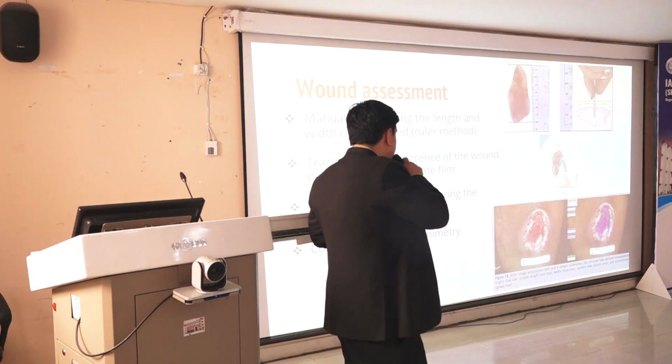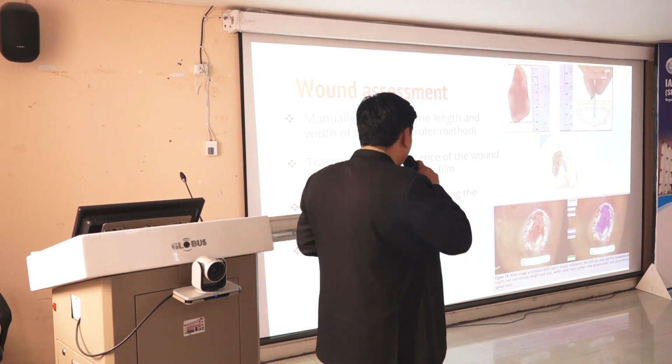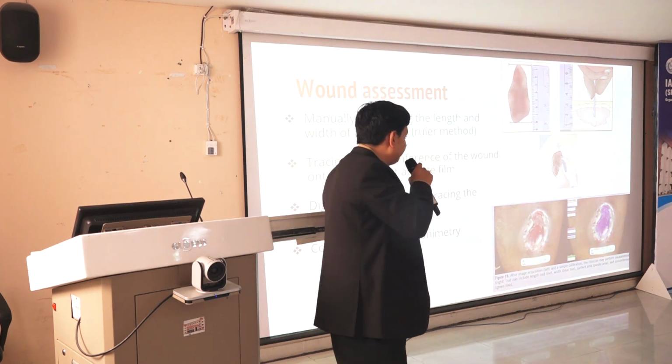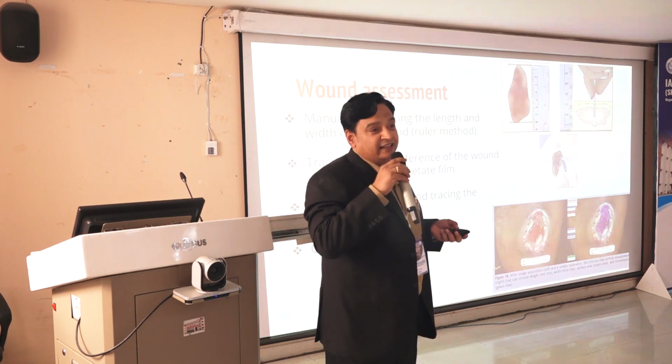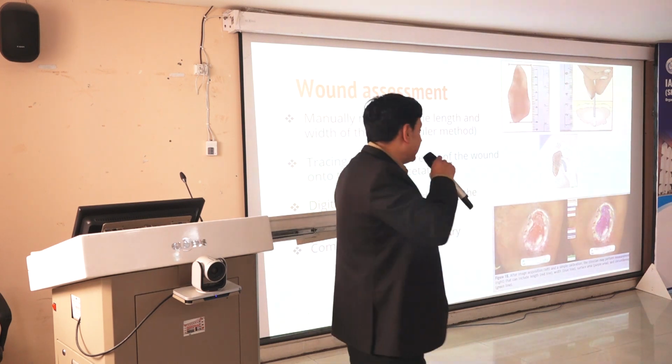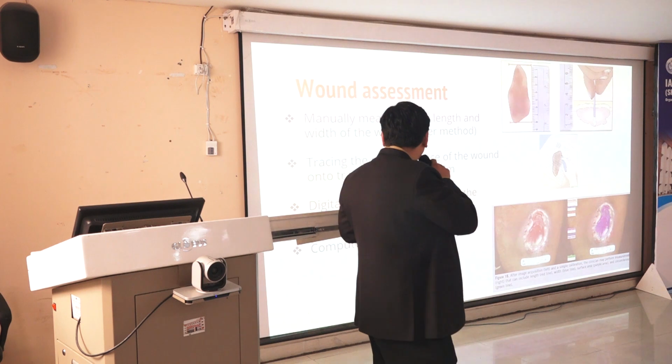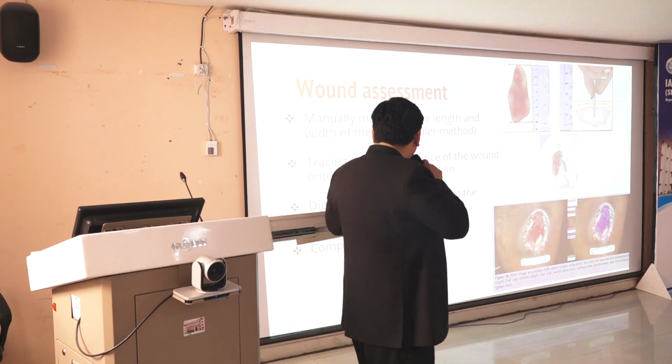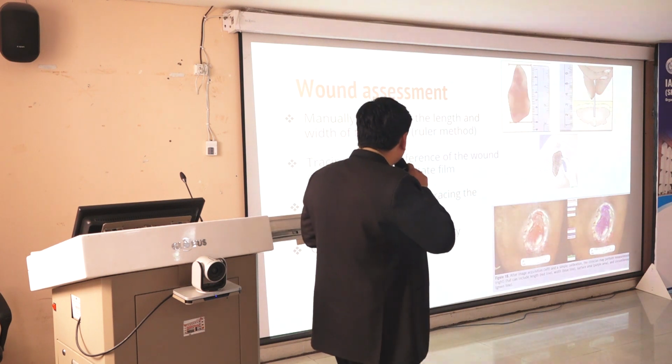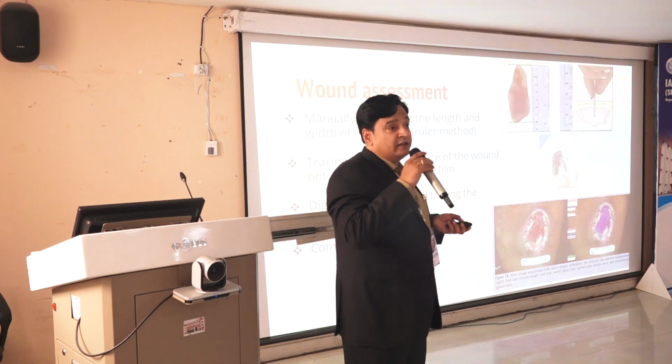These are the various methods. In our days, we used to just have a rough idea, a scale in the eyes, and just measure it. But the actual way is to measure manually by length and width of the wound, the ruler method, tracing the circumference of the wound onto transparent acetate film. Why acetate?